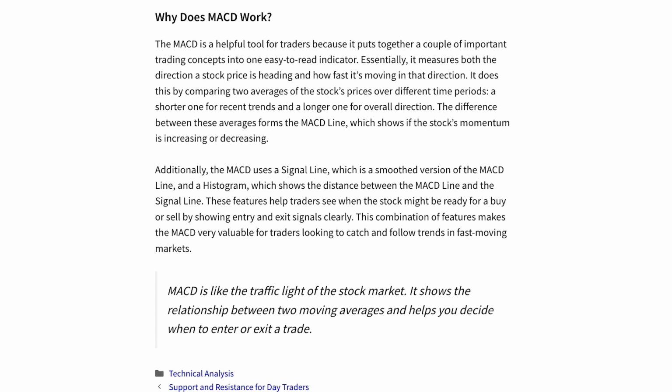That's what those histogram bars did. And this feature helps us see when the stock might be ready for a buy or sell, showing entry and exit signals clearly. So this combination of features makes this MACD indicator very valuable for traders looking to catch and follow trends in the market.